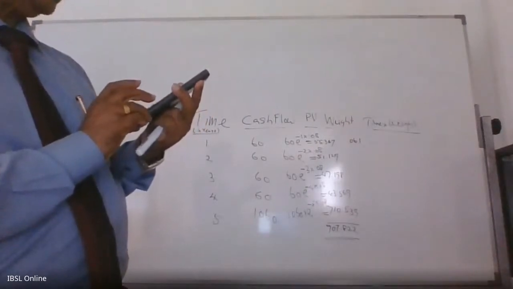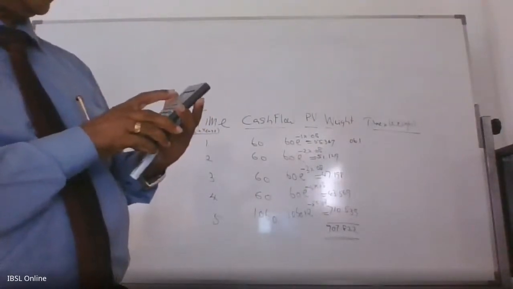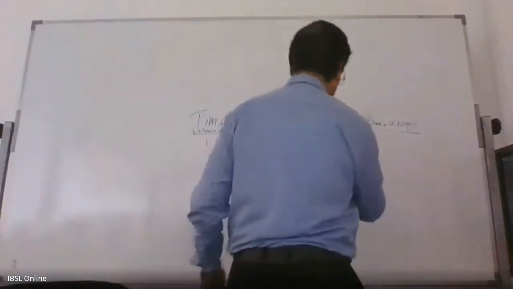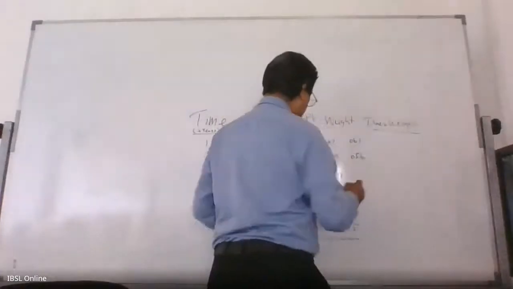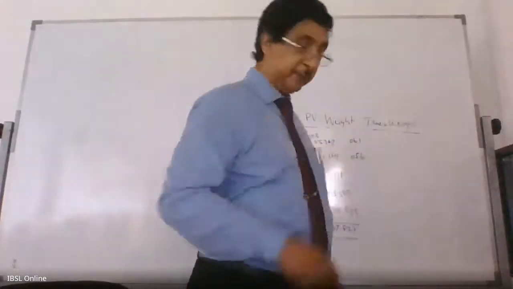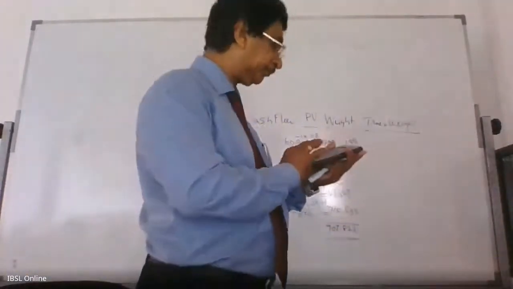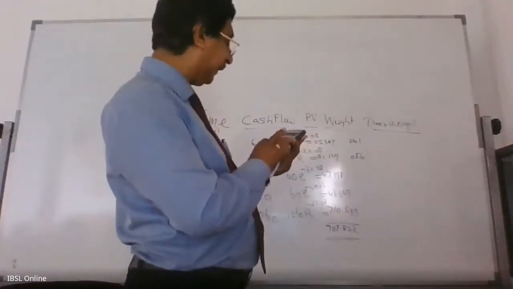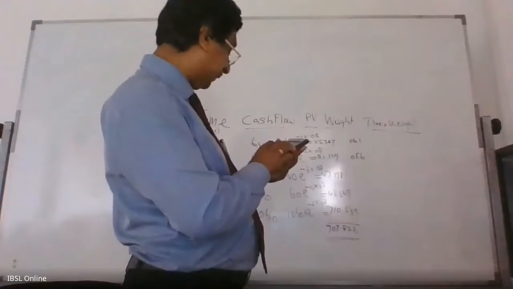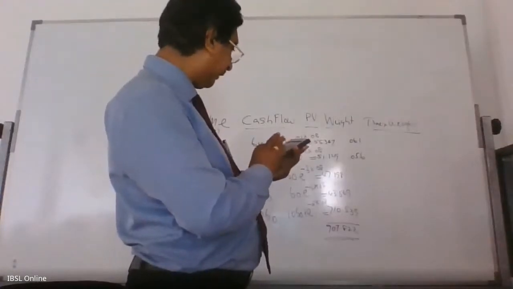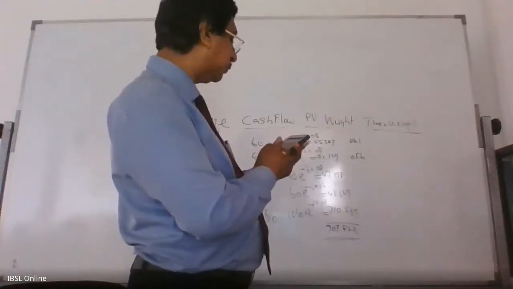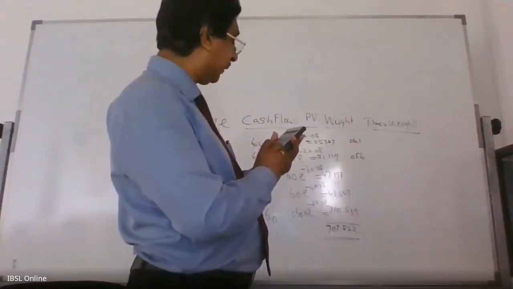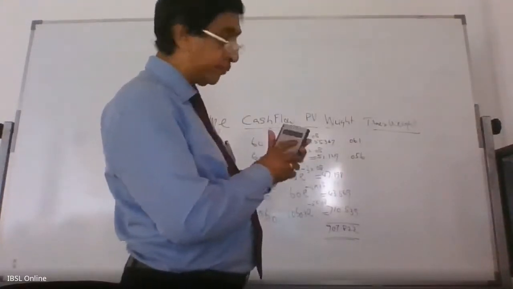That is 0.0563, or I can put it as 0.056. Then the third one, 47.198 divided by 907.822. That is 0.0519. So I will put it as 0.052.